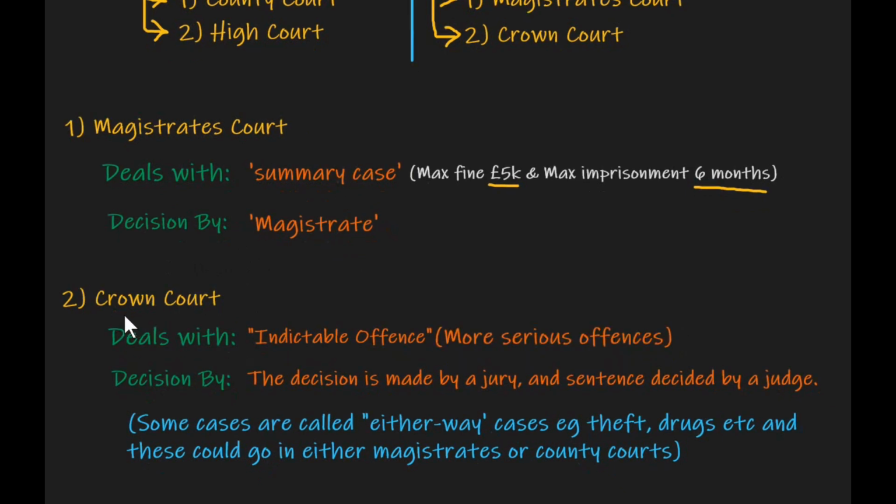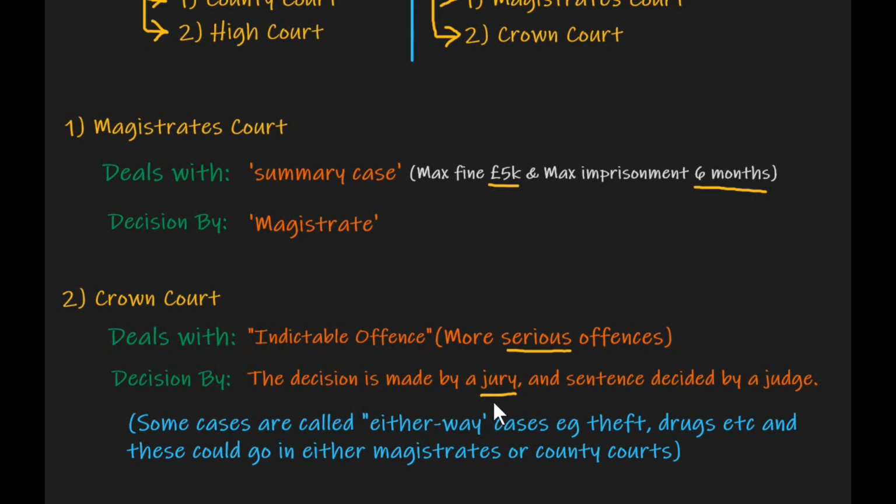Now if I talk about crown court, then it usually deals with more serious kinds of offenses, and here the decision is made by a jury and the punishment is decided by a judge. The jury is a group of independent civilians who evaluate the facts and evidence of the case to reach a conclusion on whether the person is guilty or not.